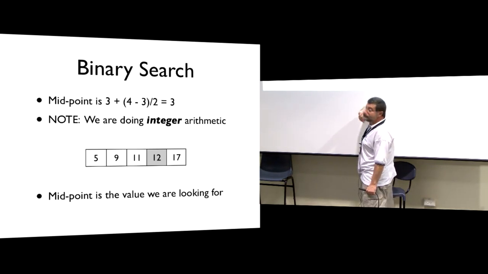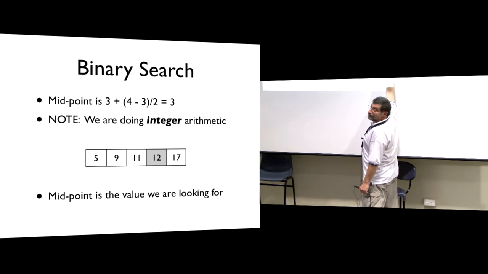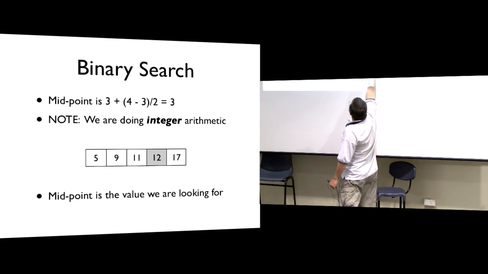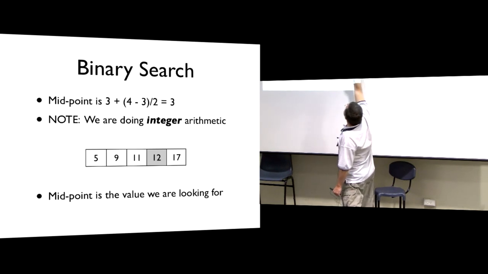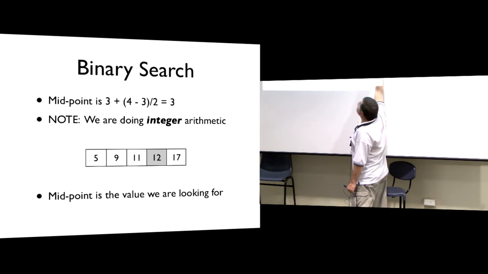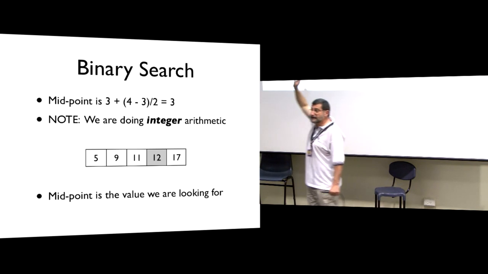Dividing by 2 should give you the midpoint, except that now they're all offset by the fact that we're starting from position number 3, right? So the 3 at the beginning is saying our array that we're considering starts from position 3, and then we add to that the midpoint (4 minus 3) divided by 2. Does that make sense?